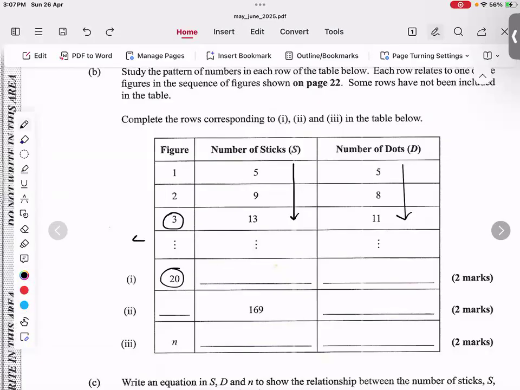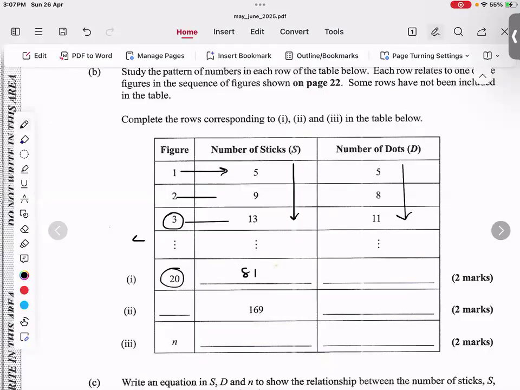Every time I multiply by 4, I'm 1 short. 4 times 2 is 8, add 1, 9. 4 times 3 is 12, add 1. So 4 times 20 is 80, and that's going to be 81.